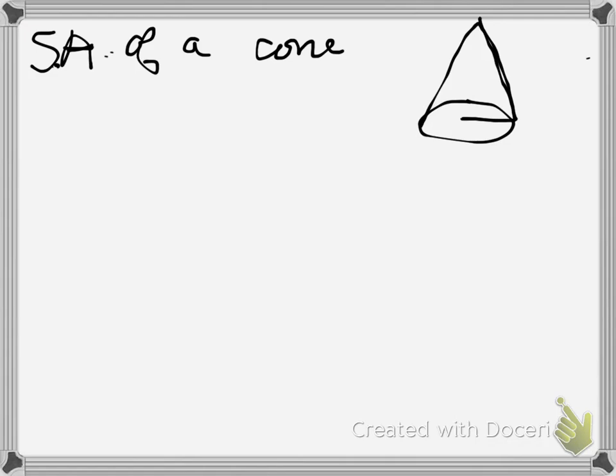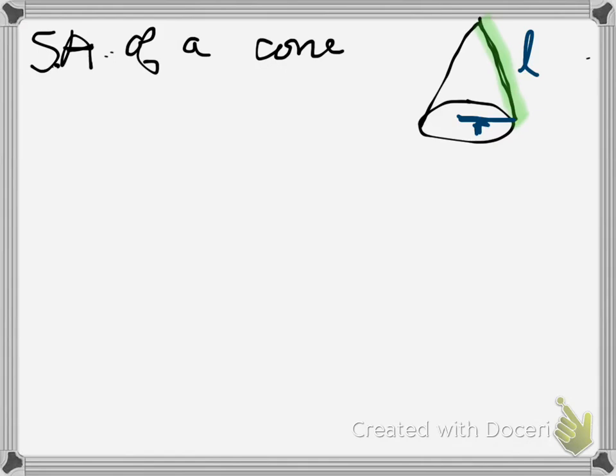So for the surface area of a cone, your slant height is right here on the side. You don't even need a separate number. You just look at the side length. That's your slant height. That's L. And then you have your radius here from the center of your circle.